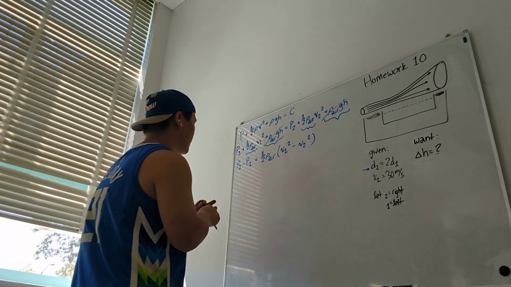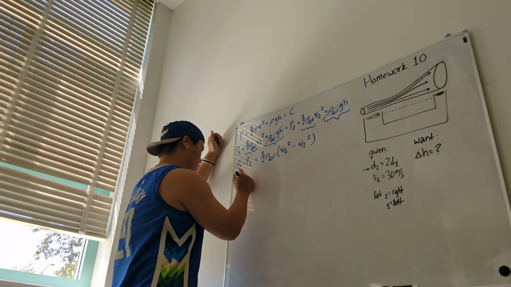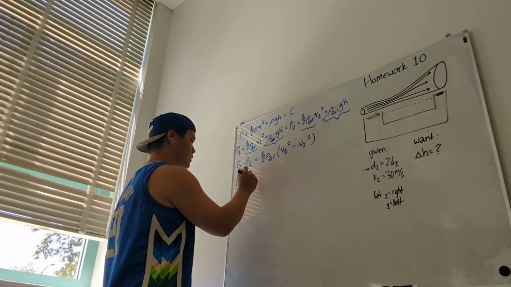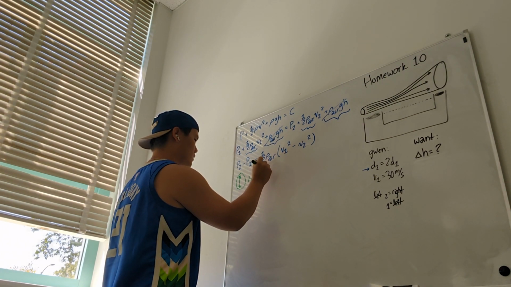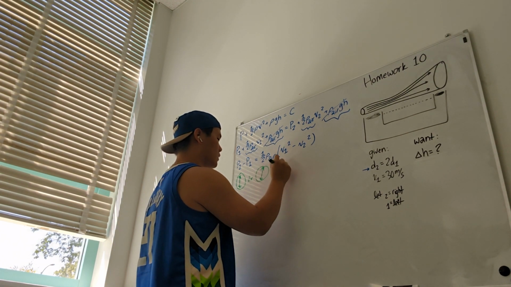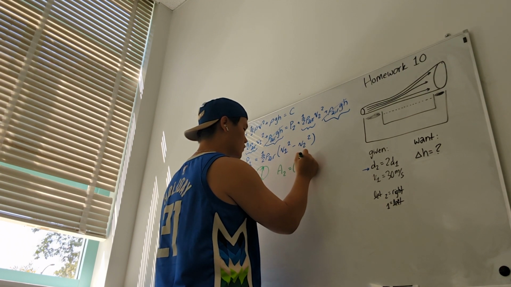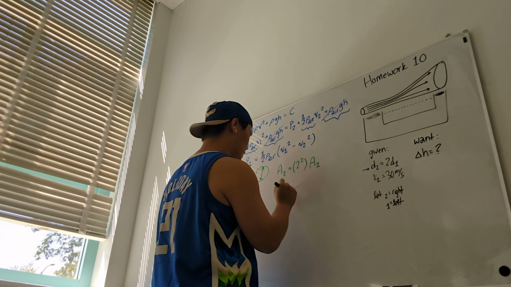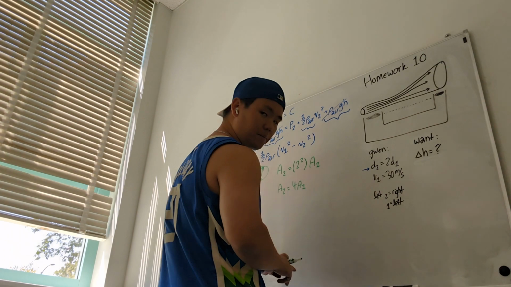So given that the diameter of the circle, that's a really bad circle, ignore that, is twice that of the one on the left, that means the area on the right is 2 squared that of the one on the left, which means we have the ratio A2 is equal to 4A1.